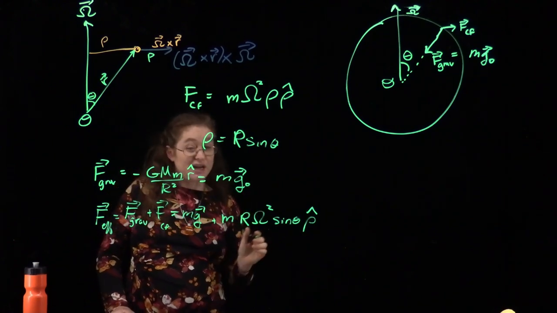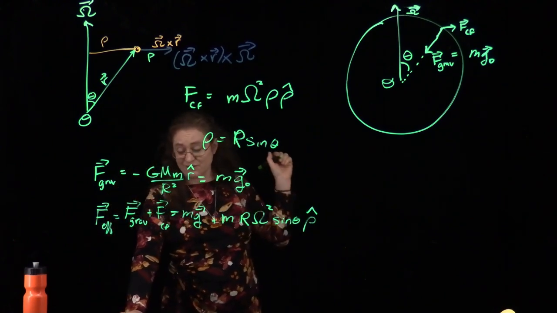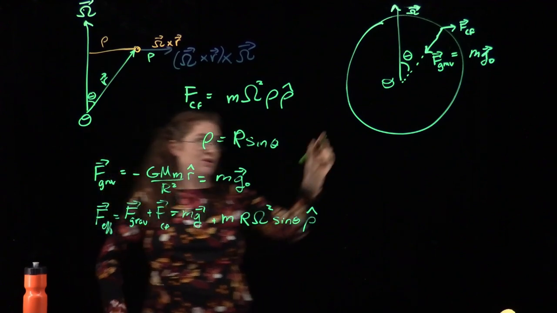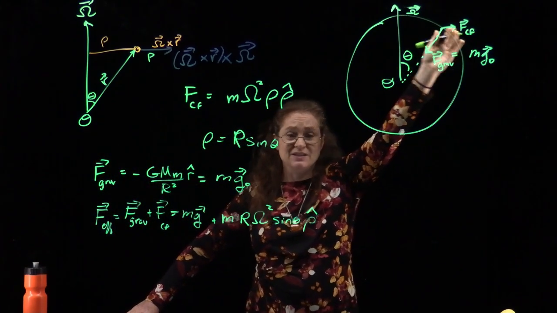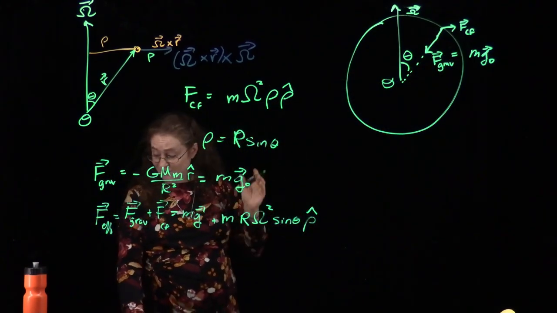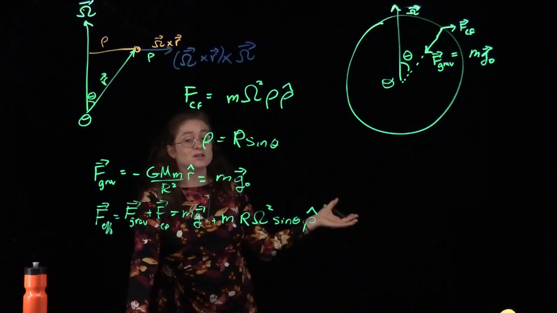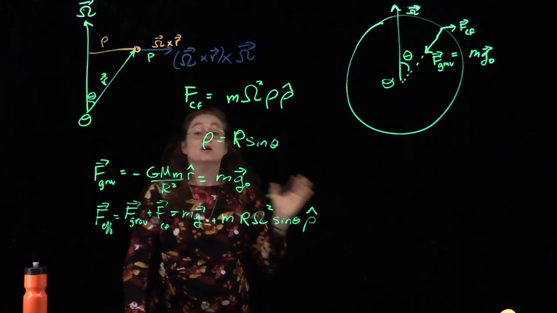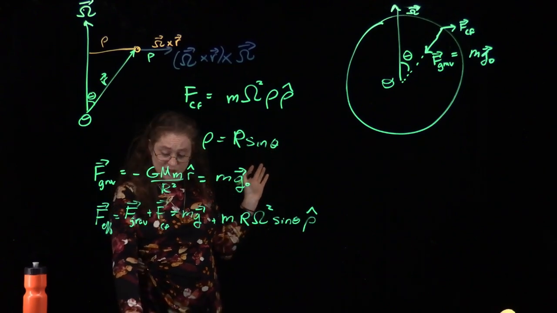So in general, the acceleration is not in fact just the acceleration due to gravity, but we have this tiny perturbation, which is a vector perturbation, so it's changing the direction and the magnitude of gravity due to the rotation of the Earth.